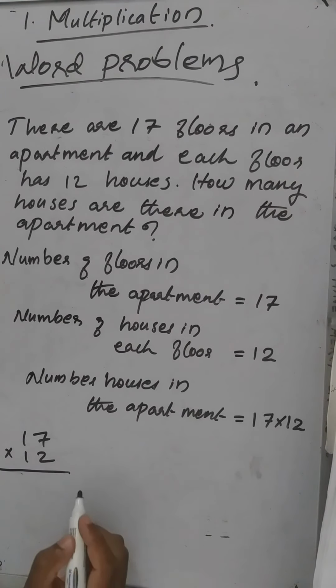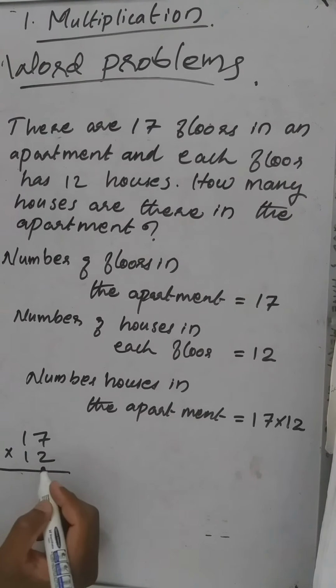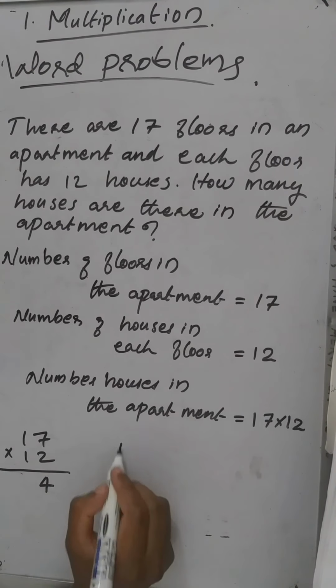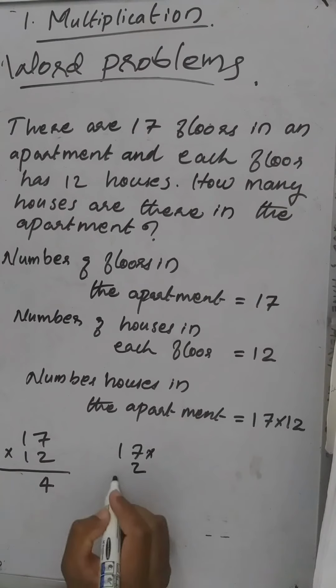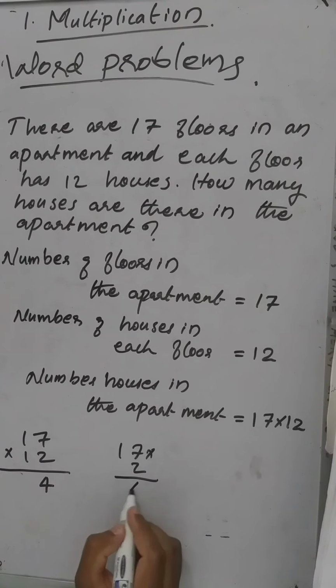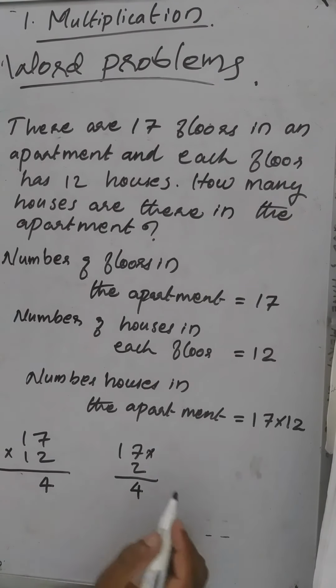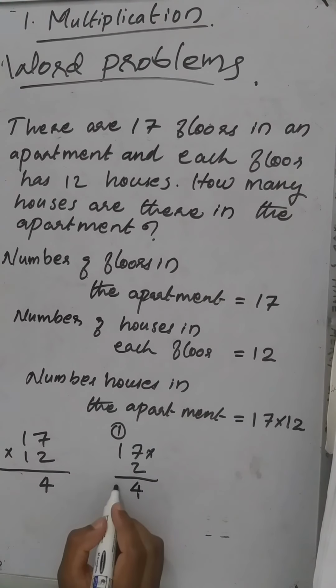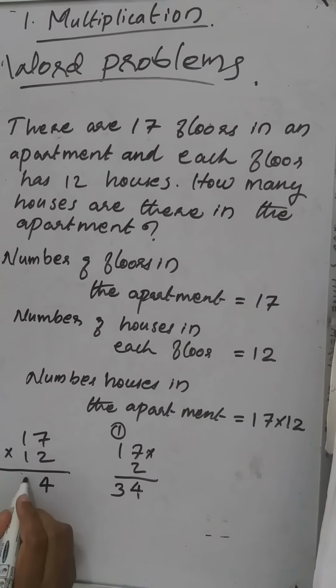How to multiply? First you have to multiply 7 by 2. 7 2s are 14. So we have to write here 4. 17 multiplied by 2. 7 2s are 14. 4. Then 1 carry to this 1. Then 1 2 is 2. And 2 plus 1, 3. 34.